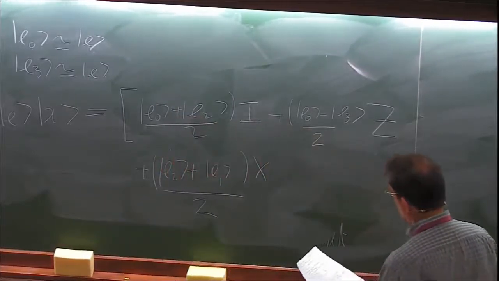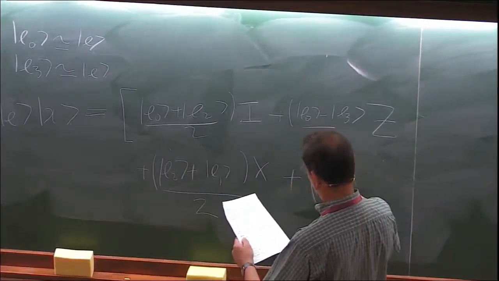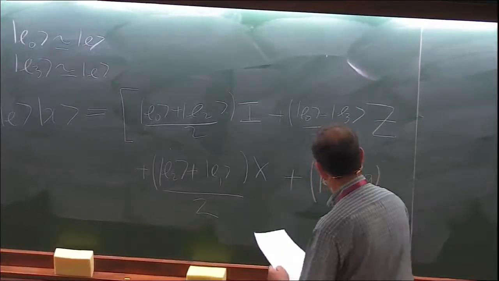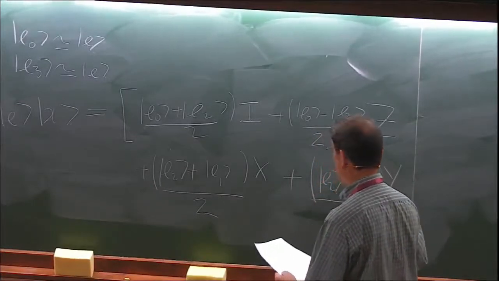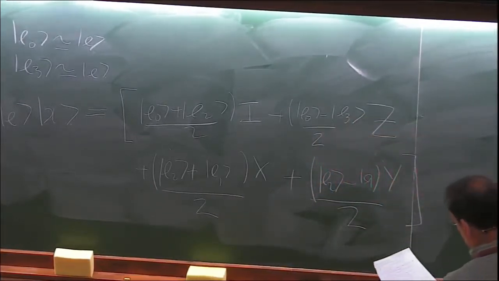The main thing I'm interested in is not so much the details of the pluses and the minuses, but the structure of it. It's E2 minus E1, and this must be Y. Aha, Y is appearing. Somebody asked about Y in an earlier lecture. Here it will appear.